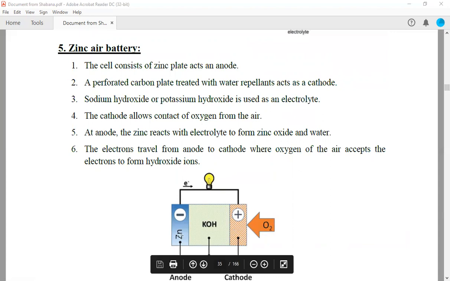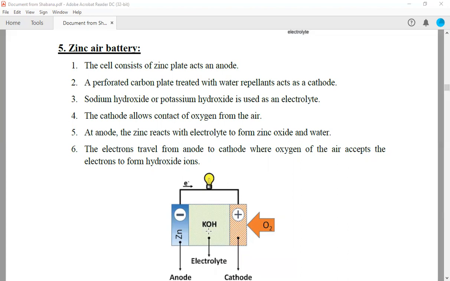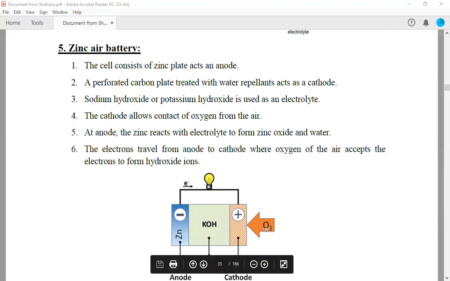And in between these two, the zinc plate and the carbon plate, electrolyte is placed. This electrolyte is KOH, alkaline. The cathode allows contact of oxygen from air.